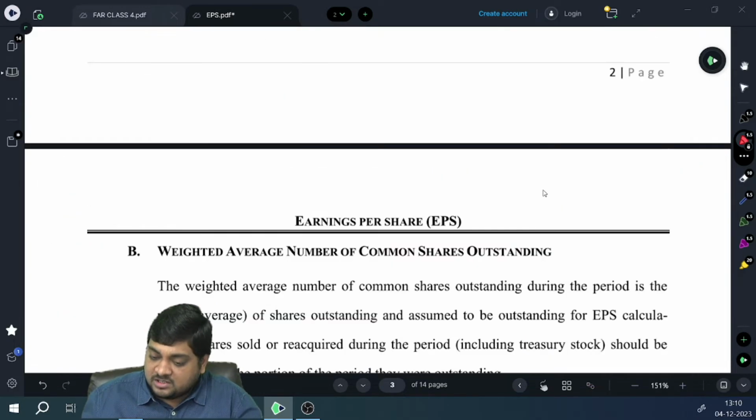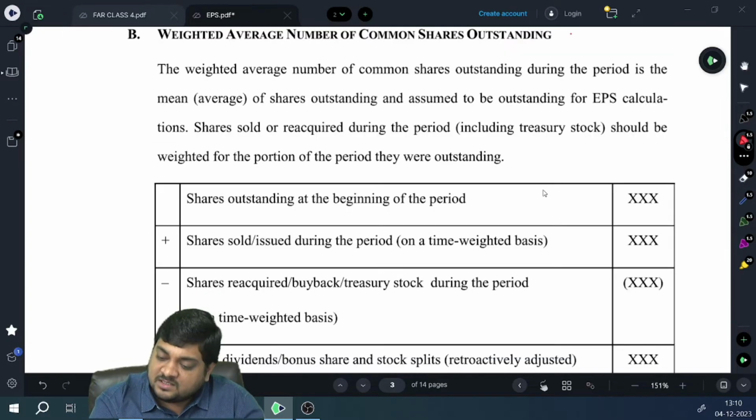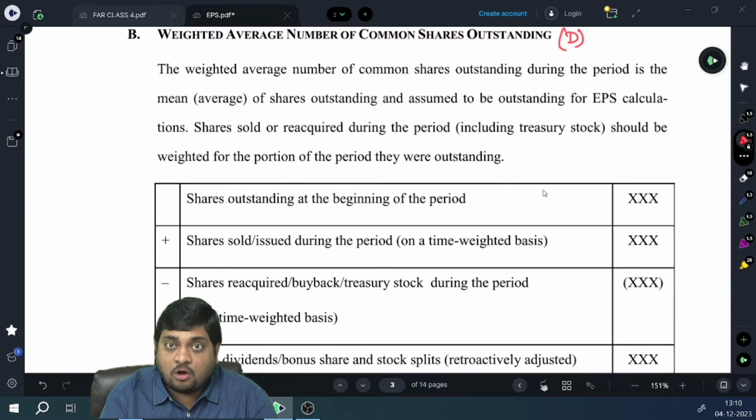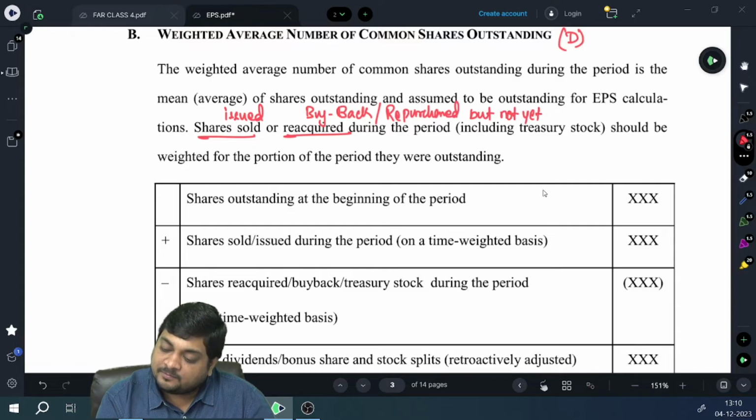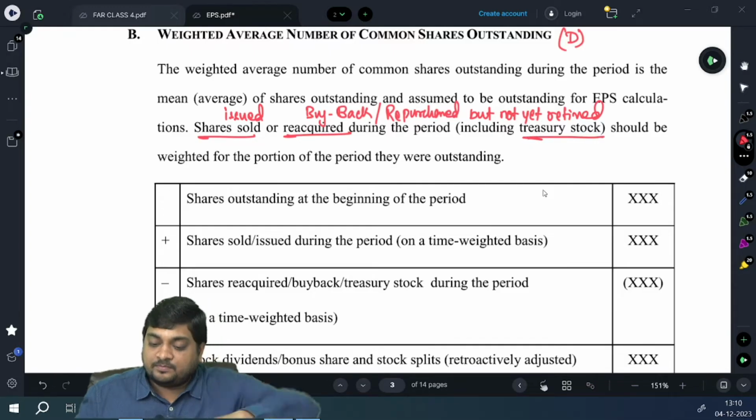Now we will be focusing on the denominator part. This is the denominator. Now if you have any stock sold, meaning issued, or reacquired, meaning buyback, repurchased but not yet retired, that's treasury stock.